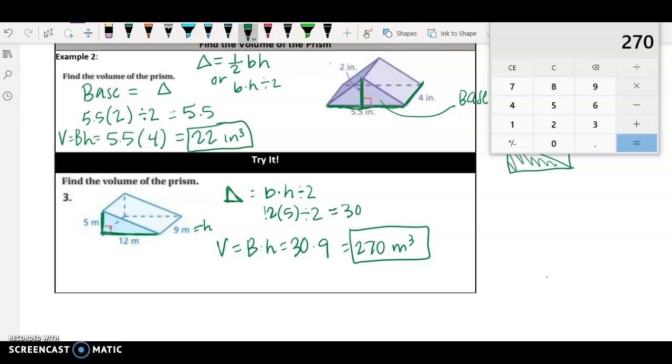So 30 times our height of 9, because remember, it's actually seated, it should look like this. So our height should actually be 9 if we stood this up. Looks like a 7. Anyway, 30 times 9 is 270 meters cubed. And so that's our answer.